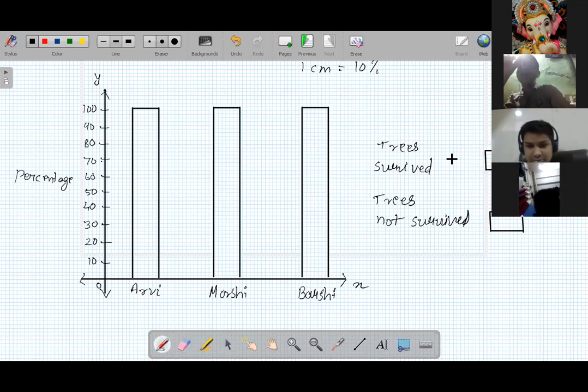So first is for trees survived, and second for trees not survived.